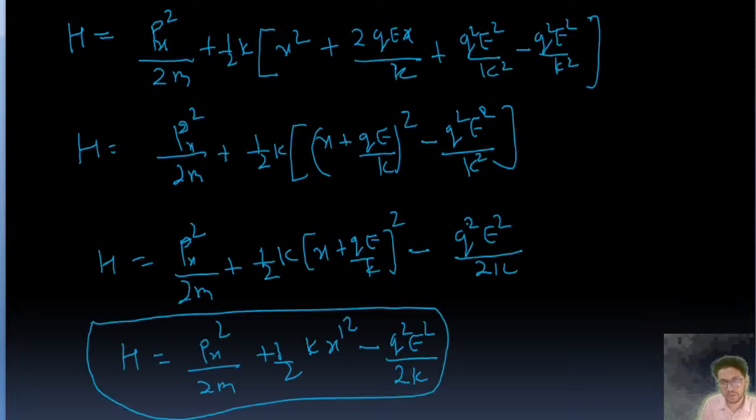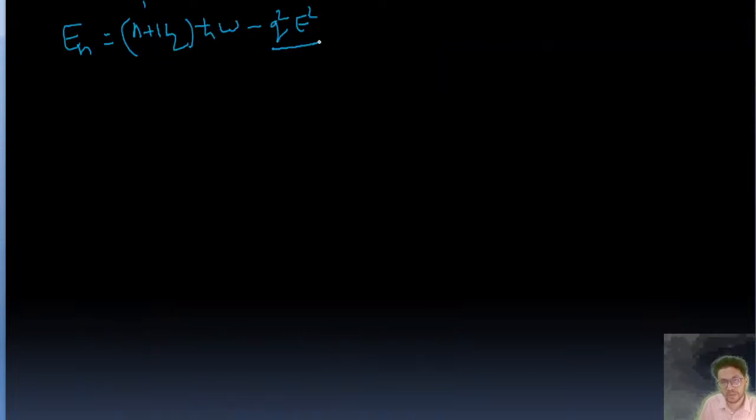So after perturbation, the energy eigenvalue of the system is n plus half h cut omega minus q squared E squared upon 2k.